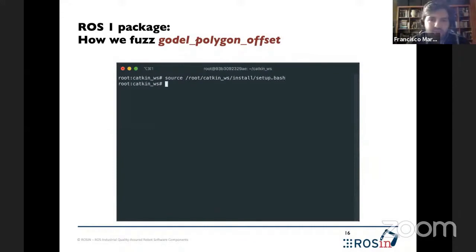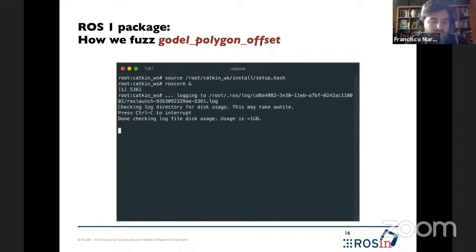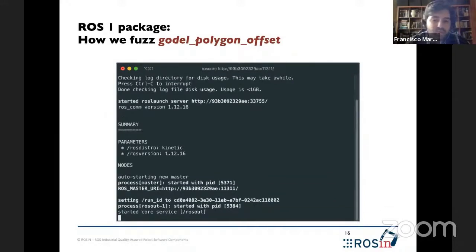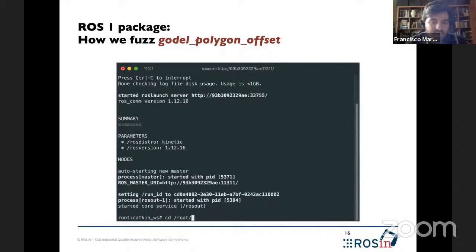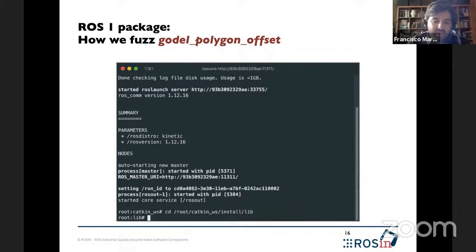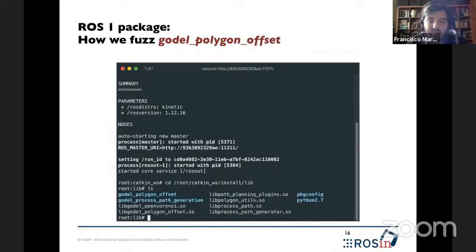So we are just sourcing the setup.bash file as in any ROS setup. And then we are starting roscore in the background. The next step is navigating to where the node executables are installed in our system once we build everything.